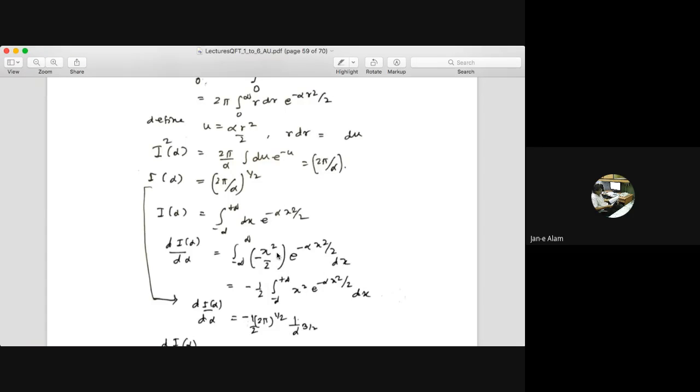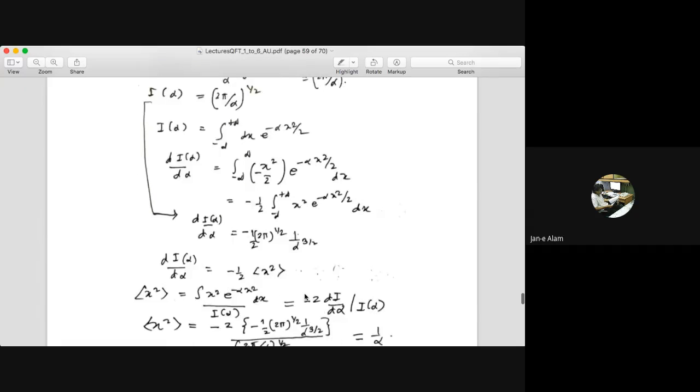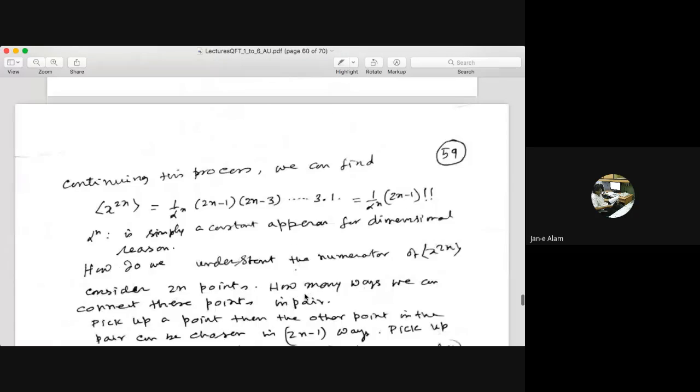If you want to calculate the x to the 4 average, you can take the derivative twice, and then you can calculate the average value of x4, x6, x8, and all that. And then we have shown you that the average value of x to the 2n is proportional to the 2n minus 1 double factorial.